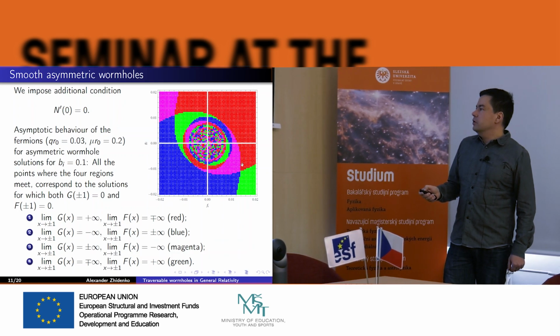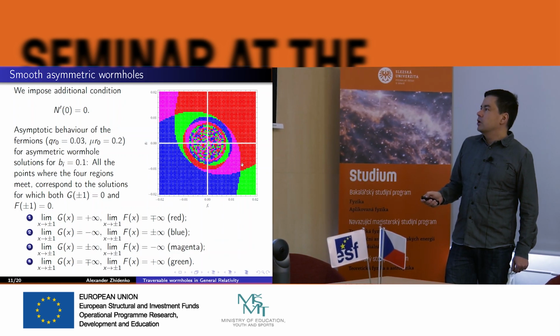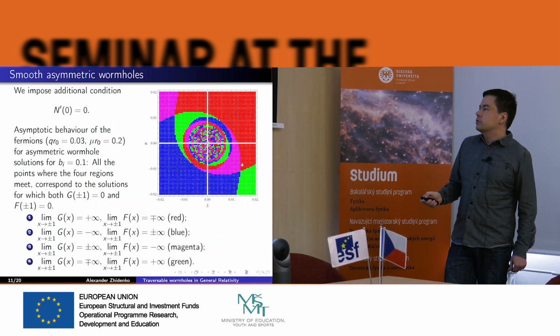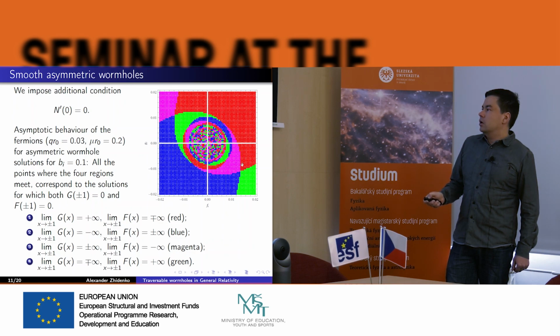Between blue and green, we have a difference in the function g at x going to +1, and function f at x going to -1.